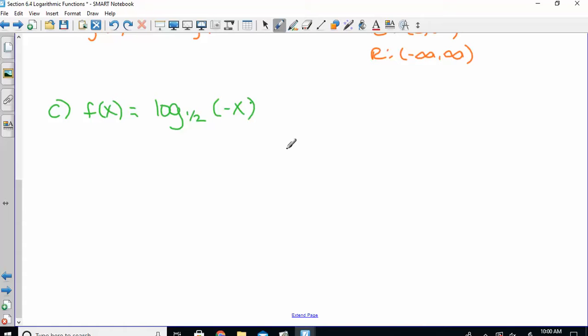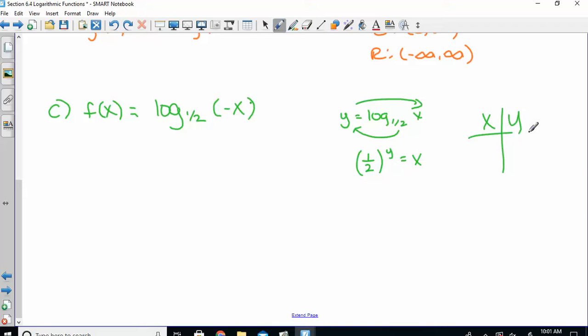No. So we have to find our parent function again. So this is, think y equals log base 1/2 of regular x for your parent function. So it'd be 1/2 to y equals x. So for your exponential, you plug in -1, 0, and 1 for the exponent. So that's the y. 1/2 to the -1, 1/2 to the 0, 1/2 to the first.